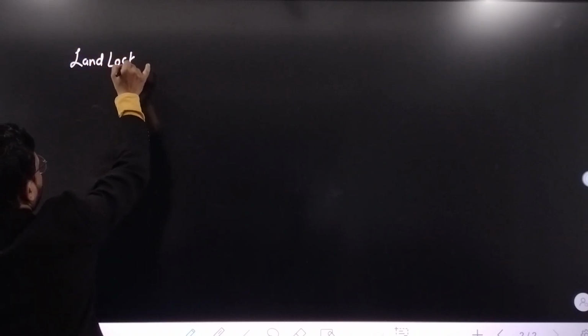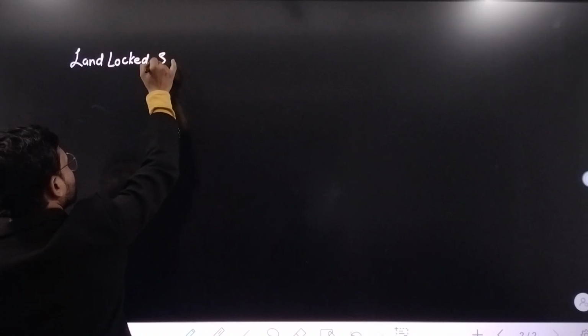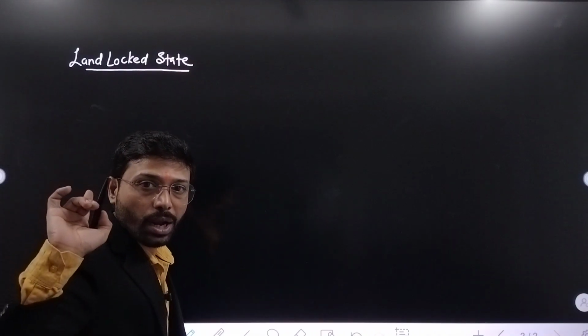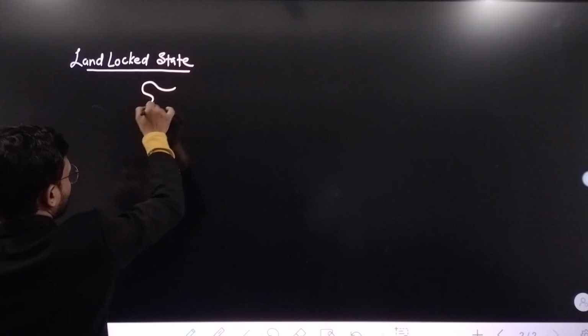Now go to another slide to clear the concept of landlocked. See here. I am writing that Chhattisgarh is a landlocked state. To understand it, you have to draw the outline of India.